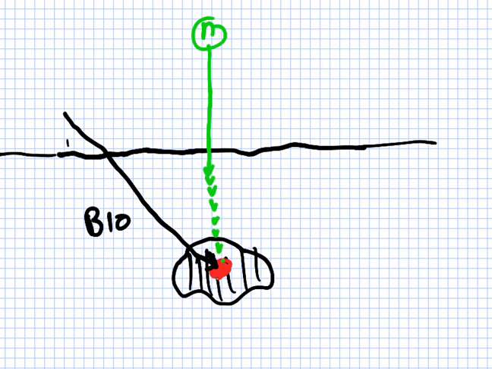Then the boron 10 absorbs neutrons, maybe something like 2 neutrons, and it will become boron 12, for example. Now boron 12 is radioactive. So this becomes radioactive.